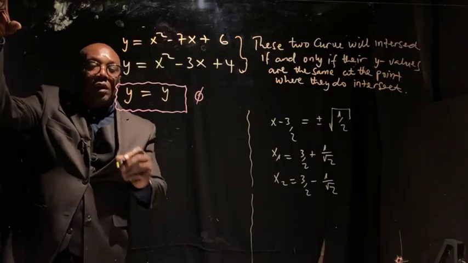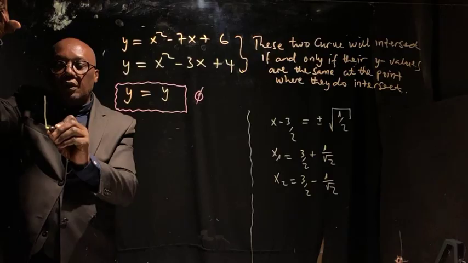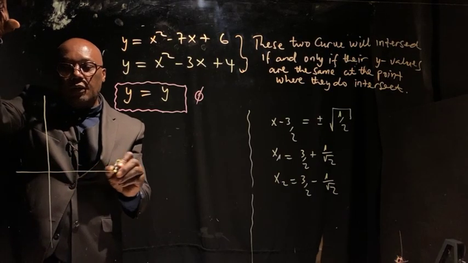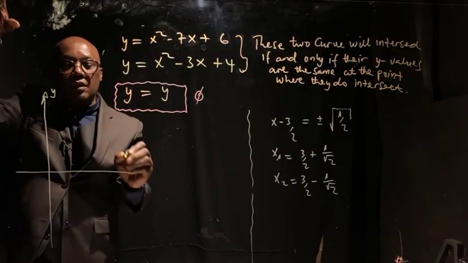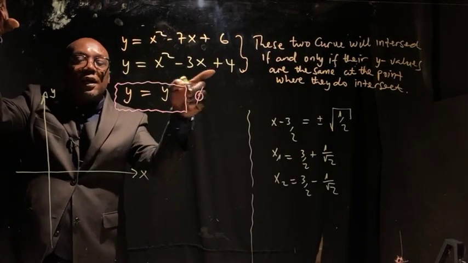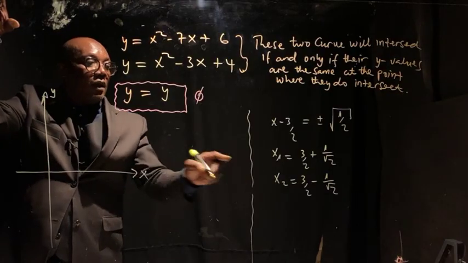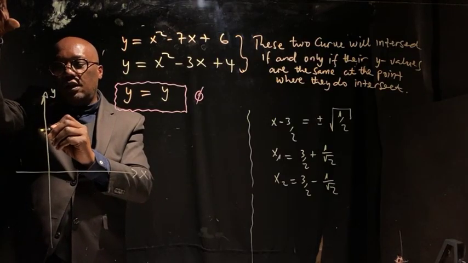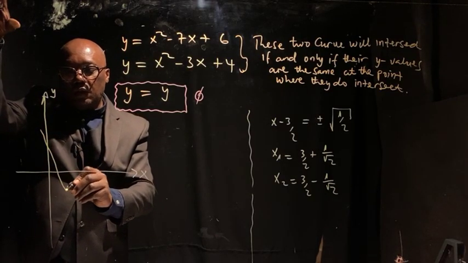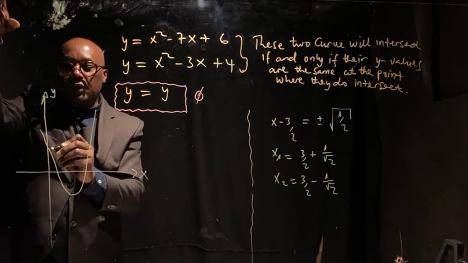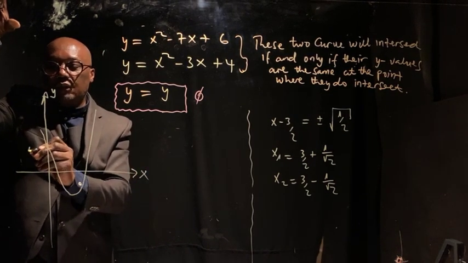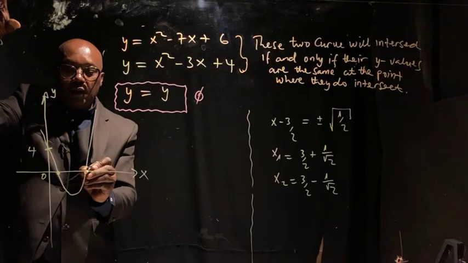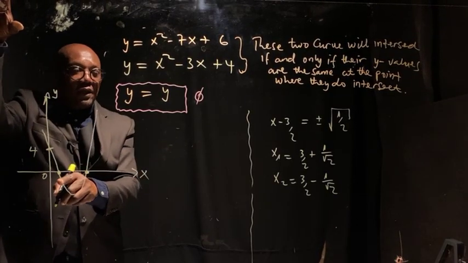Now, this should be the curve. This is the y-axis, and this is the x-axis. On the y-axis the intercept is 4, and the x-axis intercepts are these. So you can see that this one will be like this, where this one is 4, this is the origin, and this is the minimum value of x.